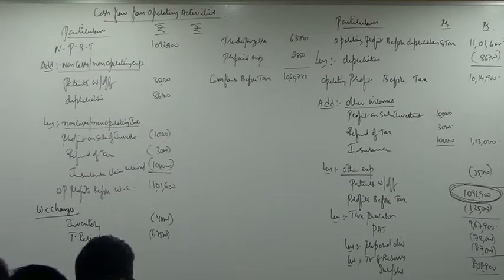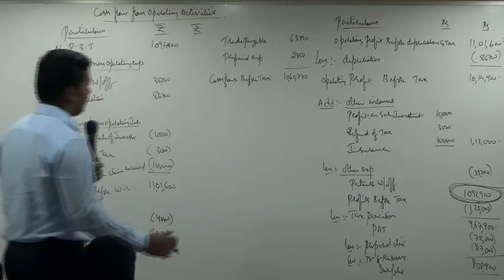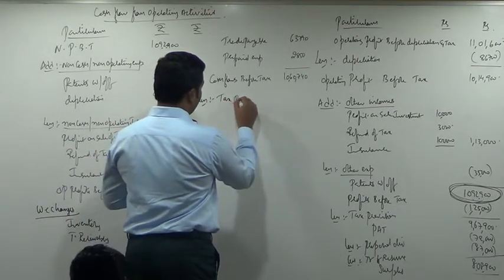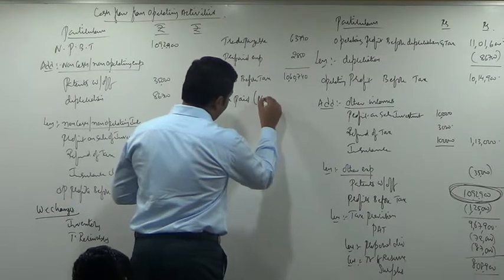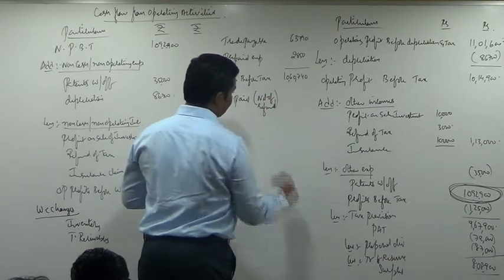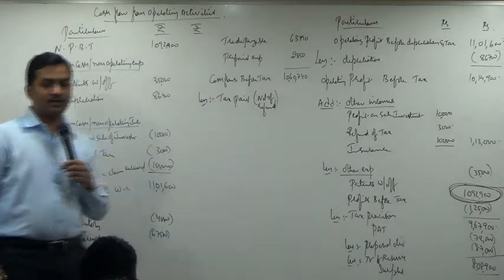Now we have to show the tax payment, less tax paid, net of refund.